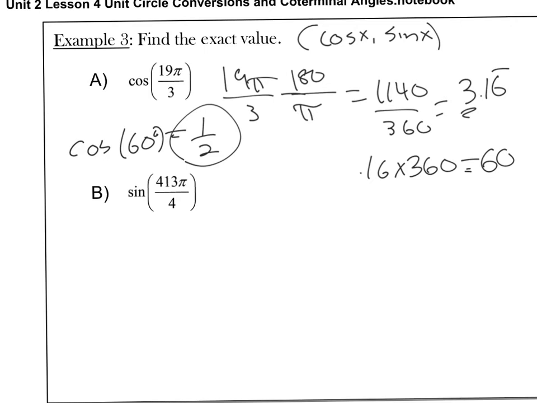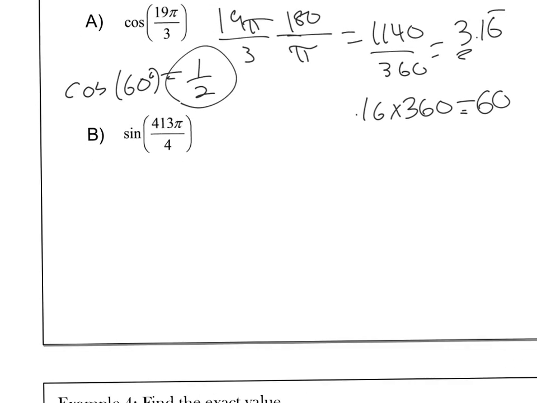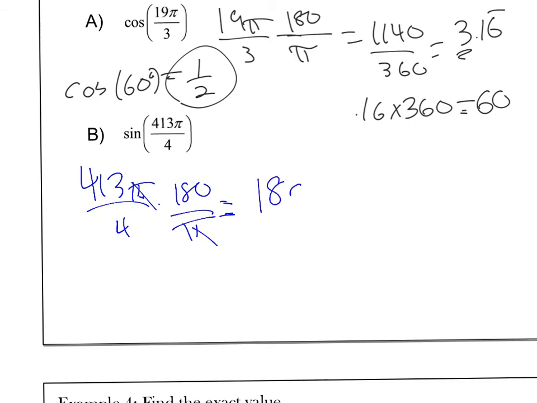For B, things get a little trickier because that's a really, really big number. I wouldn't even try and mess with that. I'm going right to converting it. Cancel, cancel. A little calculator mashing later, you get 18,585.